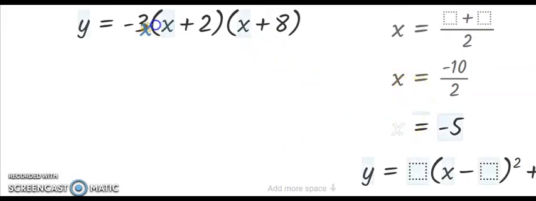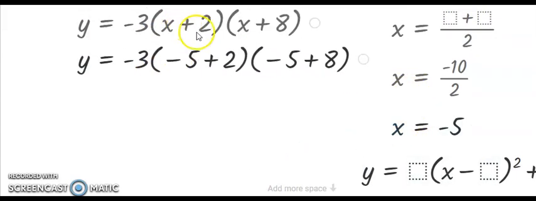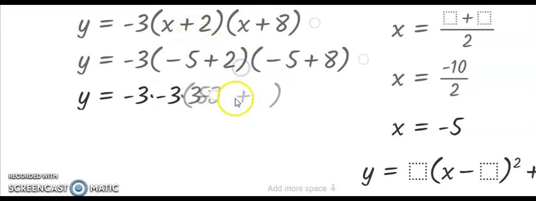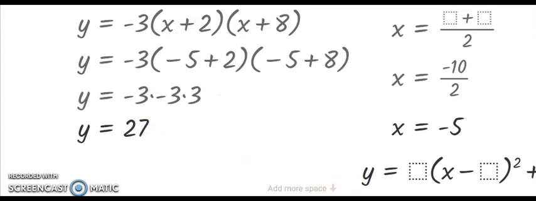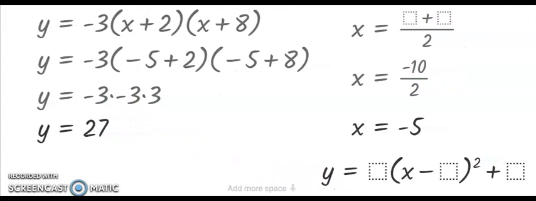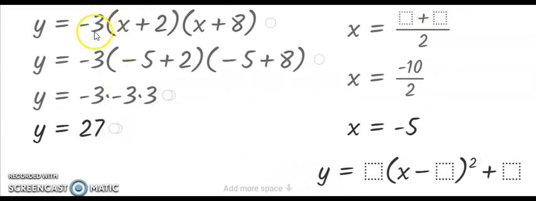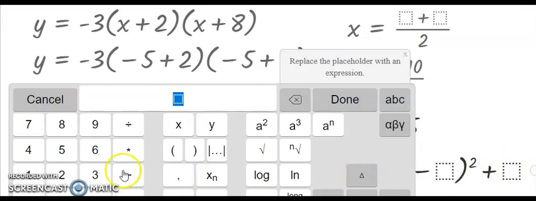We'll stick this back into the equation to find the y value of the vertex. So the y value is 27. Our a value is -3, so we're going to put -3, -5, and +27.